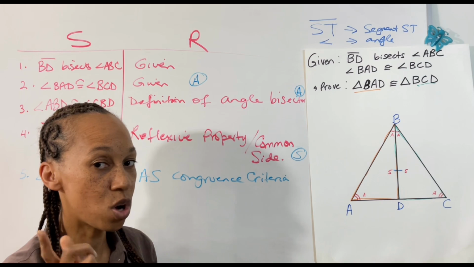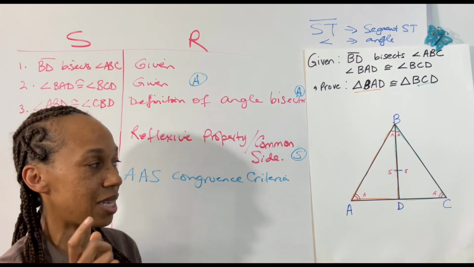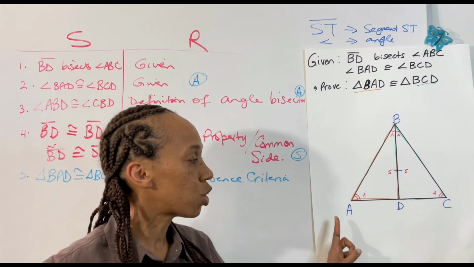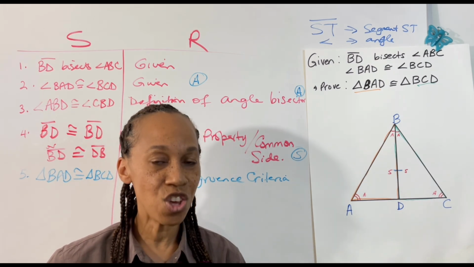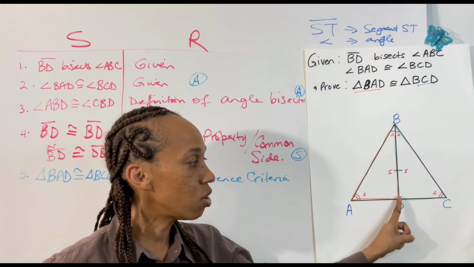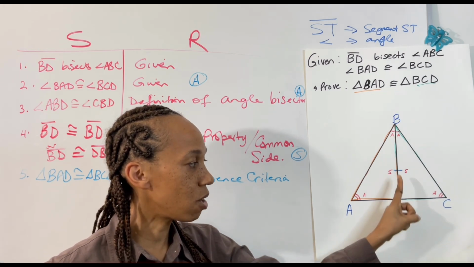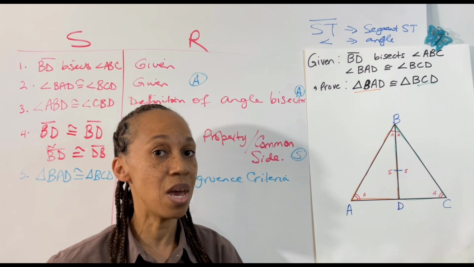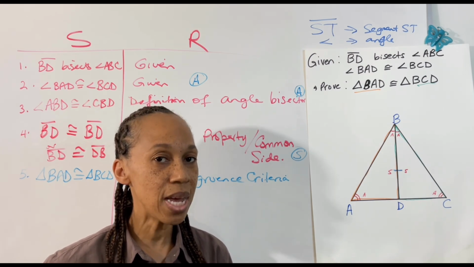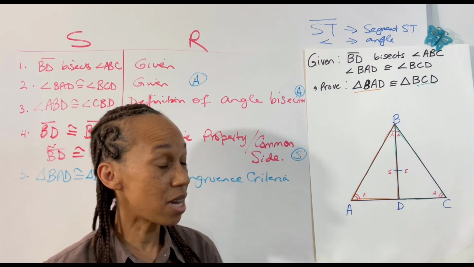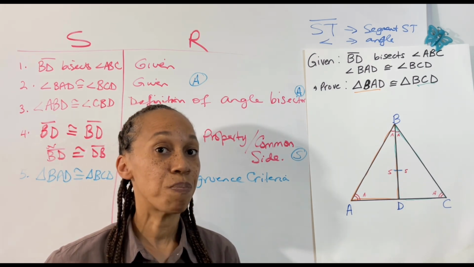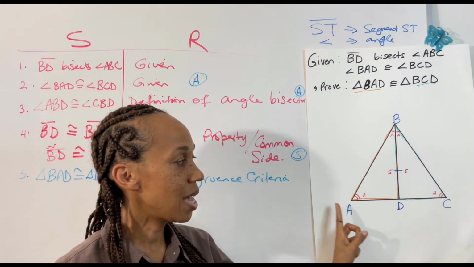Okay, so I just want you to know that if they stated that BD is perpendicular to AC, then you can come to the conclusion and say that angle BDA and angle BDC would be 90-degree angles, or would be a right angle, only if they had given the information that segment BD is perpendicular to segment AC.